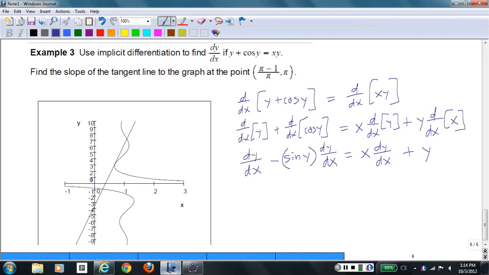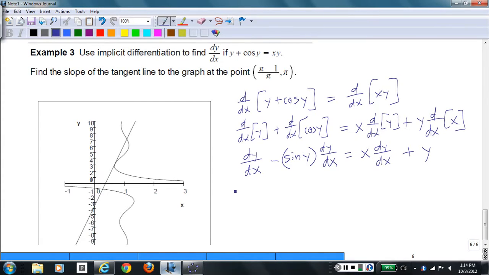We need dy/dx. So although we cannot find y explicitly in terms of x, we can find dy/dx explicitly in terms of, well, a mixture of both x and y. What we want to do is get all the terms, there are 3 of them, that have dy/dx's in them together on the left-hand side.